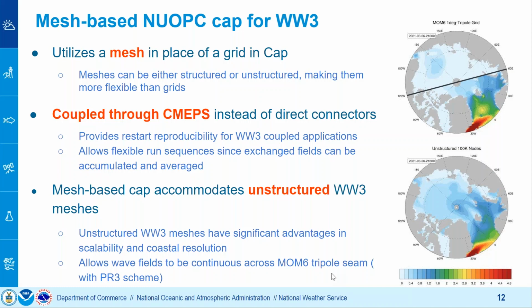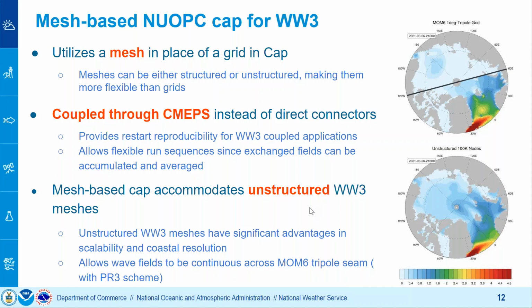Another one is that, as you can see in the right figure, it allows the wave field to be continuous across the tripolar seam. On the top is the multi-structured grid. It is a 1 degree tripolar grid, and there is a blocker on the tripolar seam.